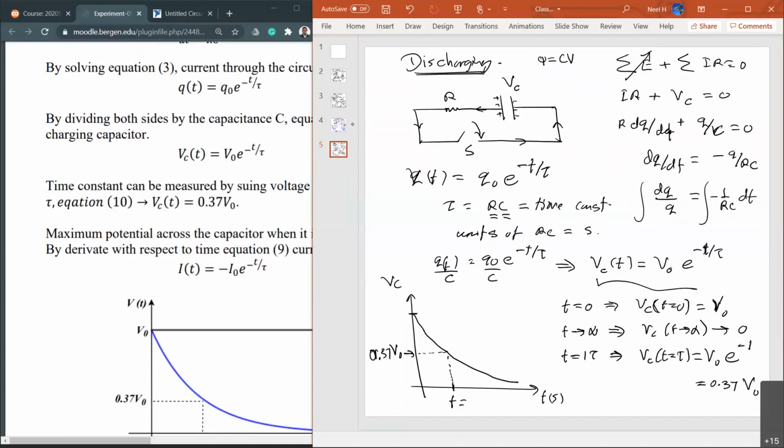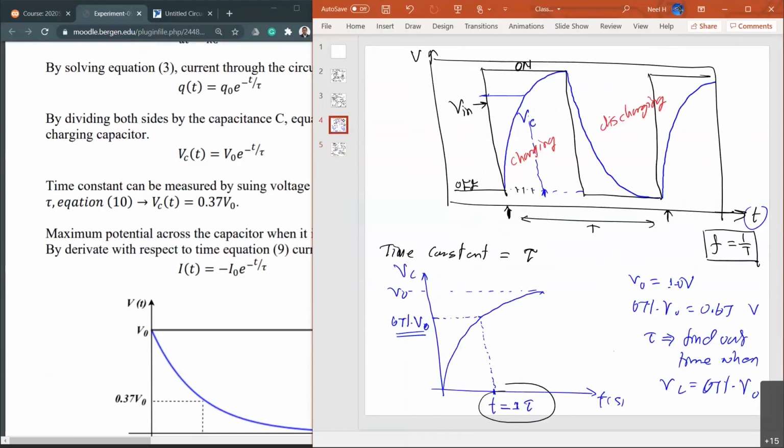That time should be equal to one time constant. So that's the idea. A very, very simple experiment. These graphs are already visible on your oscilloscope. All I have to do is find the 37 percent and then go downward and find the time. So that's going to be the time constant when we analyze the discharging capacitor graph. Okay, good. Any question?